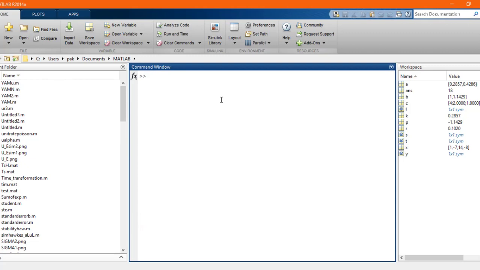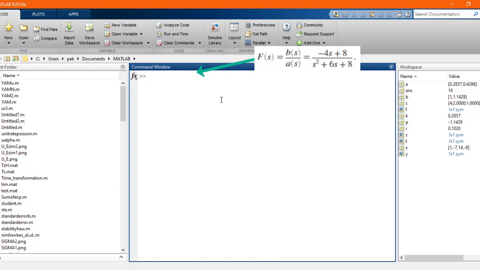Let's say we have a transfer function minus 4s plus 8 divided by s squared plus 6s plus 8. So this is the transfer function, or you can say the rational expression, that we need to decompose into partial fractions. As I've shown you, it's minus 4s plus 8, the numerator.